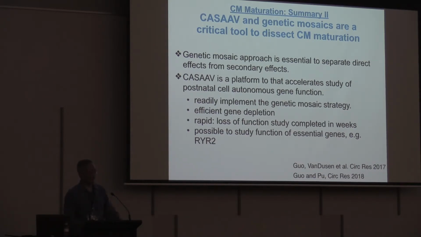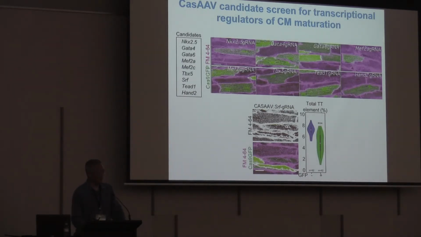And we think that this Cas9 AAV platform is a really nice way to inactivate many genes in a mosaic pattern. So we use this strategy to study the transcription factors that regulate cardiomyocyte maturation. Here we picked a panel of some of the best-known cardiac transcription factors, and we individually targeted them for somatic mosaic knockout.